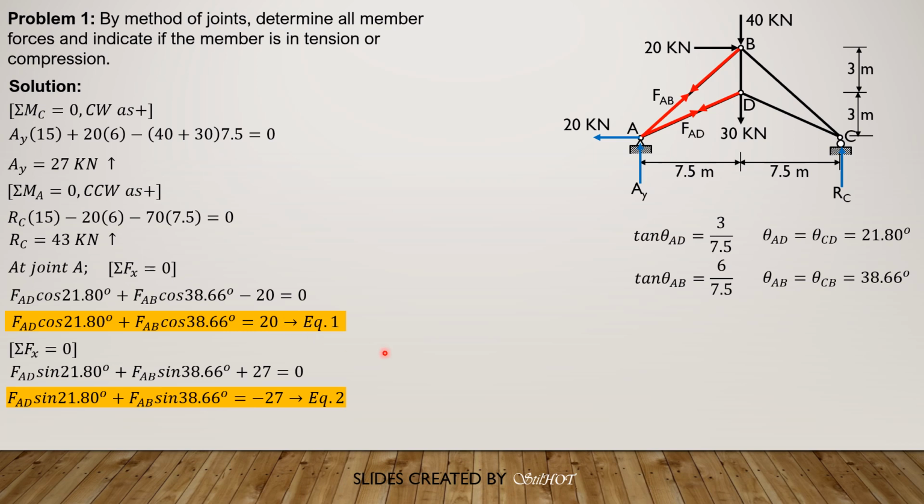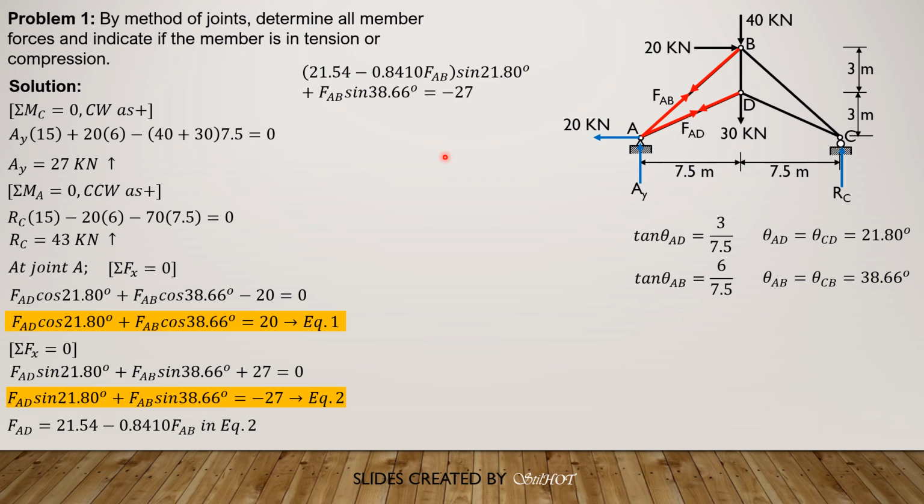Okay, from equation 1, let's express FAD in terms of FAB. Transpose FAB to the right, divide everything by cosine 21.8, then we have FAD equals 21.54 minus 0.841 of FAB. Let's substitute this into equation 2. So 21.54 minus 0.841 FAB, times sine 21.8, plus FAB sine 38.66 equals negative 27. Only FAB is left in this equation, and by your calculator, we solve FAB equals negative 112.04 kilonewtons.